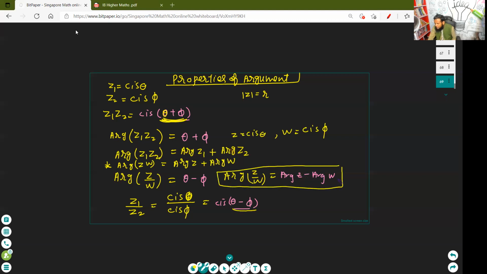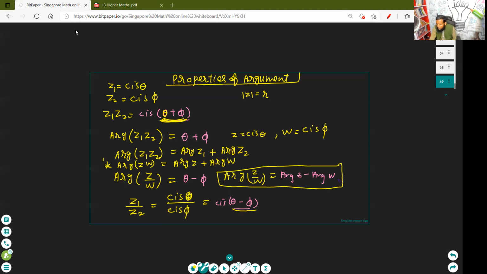When we are dividing two complex numbers, we can get the angle of their division. You should find the argument of Z and argument of W. Then you subtract them. In this way, you can get the argument of their division.